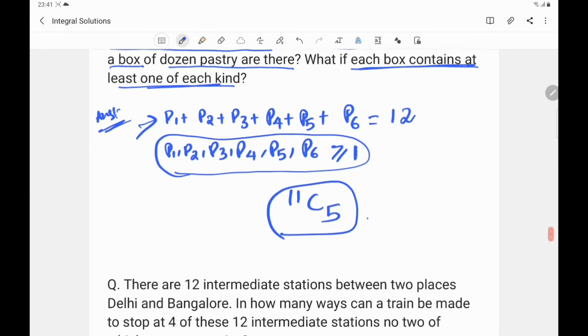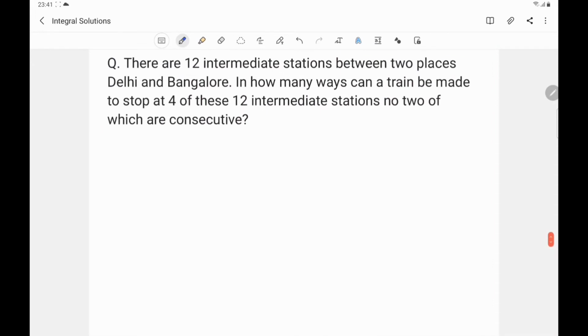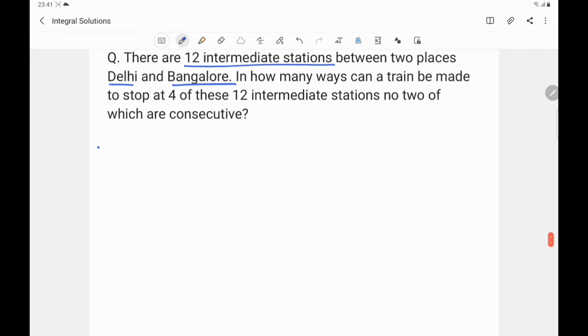Now let us solve another question. This question states that there are 12 intermediate stations between two places, Delhi and Bangalore. So here there is Delhi, here there is Bangalore. So there are 12 intermediate stations.